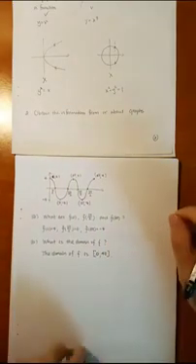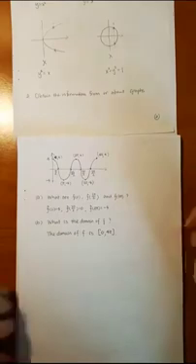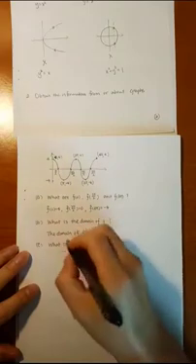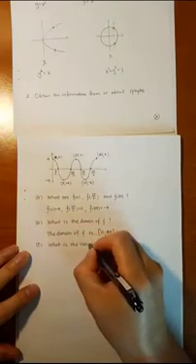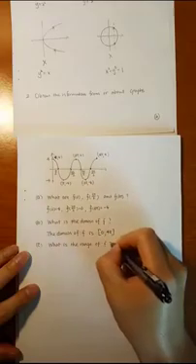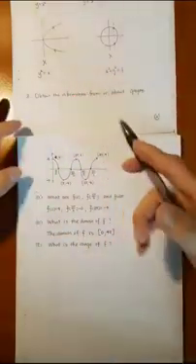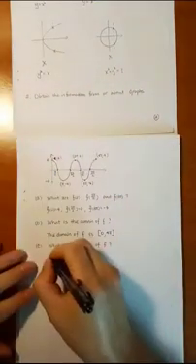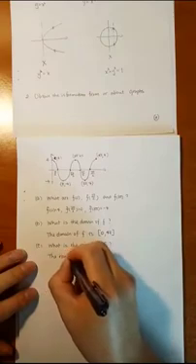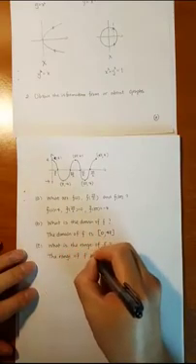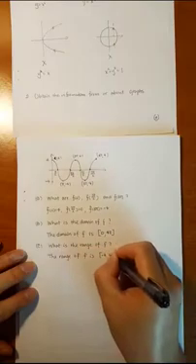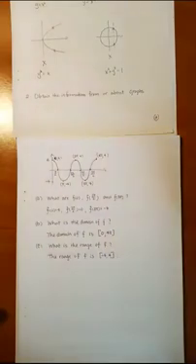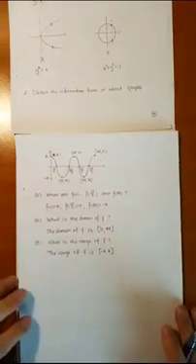So this is the domain of f. What is the range of f? The range is about y. You see y starts from -4, it goes up to 4. So the range of f is from -4 to +4. Domain horizontal, range vertical.